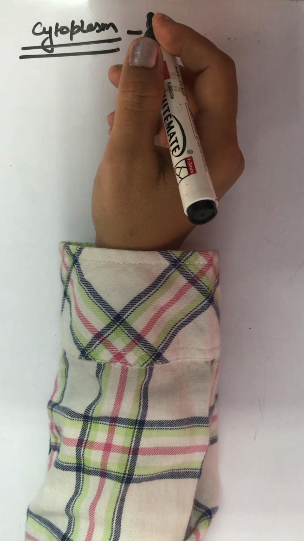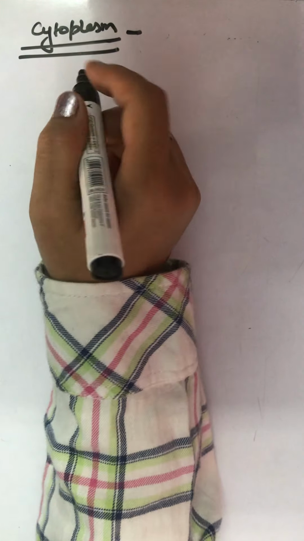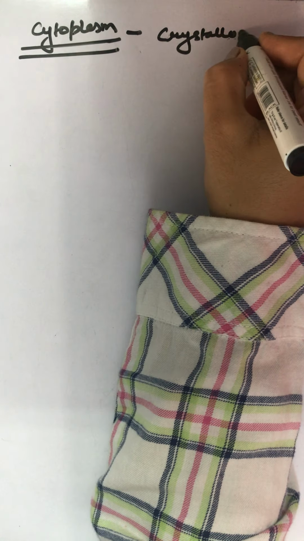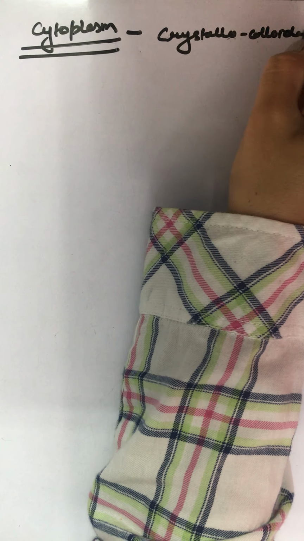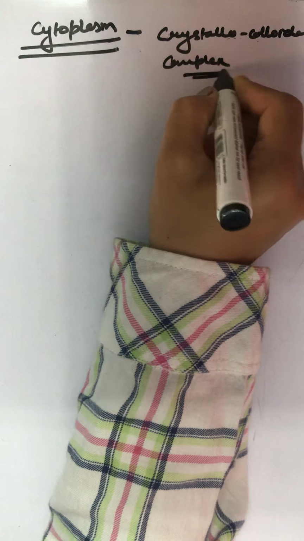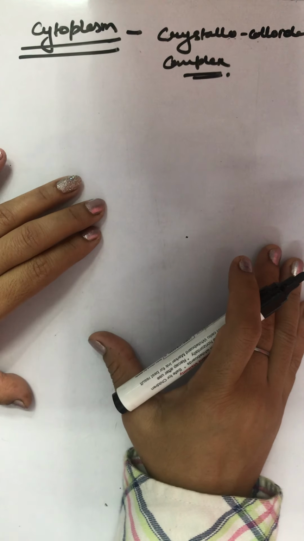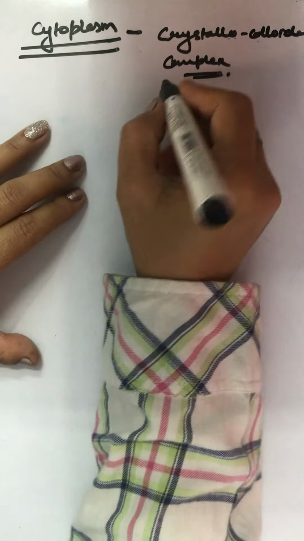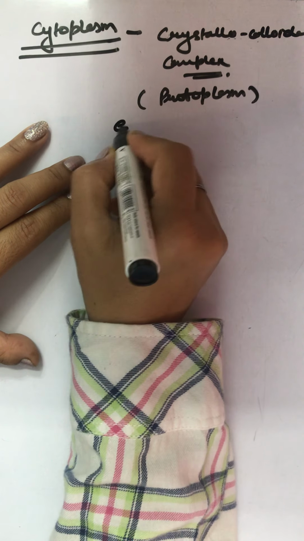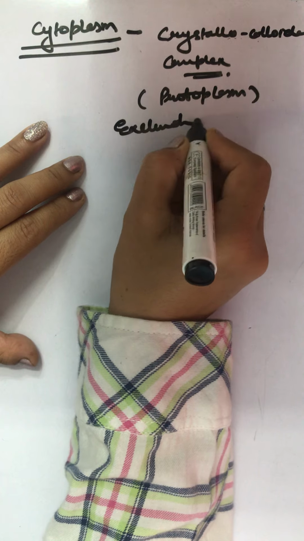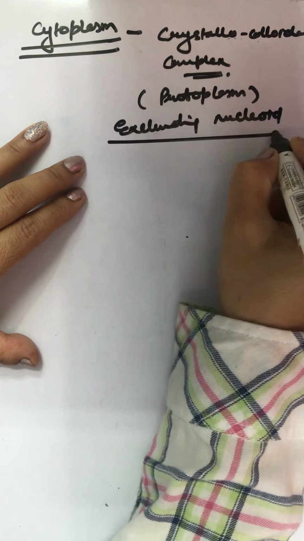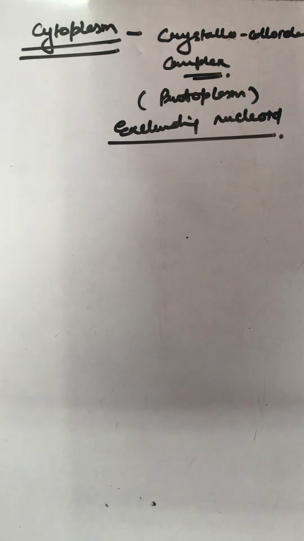The cytoplasm of a prokaryotic cell is a crystallocolloidal complex that forms the protoplasm excluding the nucleoid. Why? Because the nucleoid is not a well-defined region. It is only a part of it.